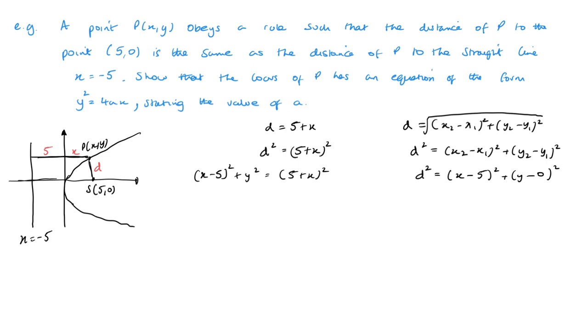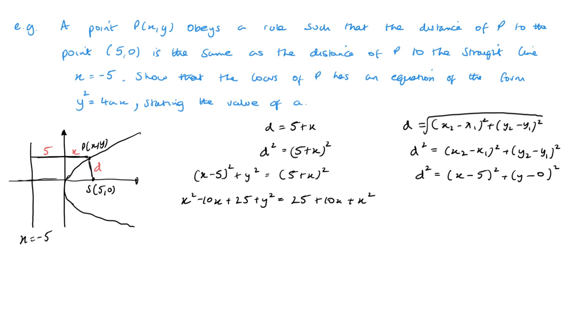Now I'll expand it. So x minus 5 squared is x squared minus 10x plus 25. And 5 plus x squared is 25 plus 10x plus x squared.